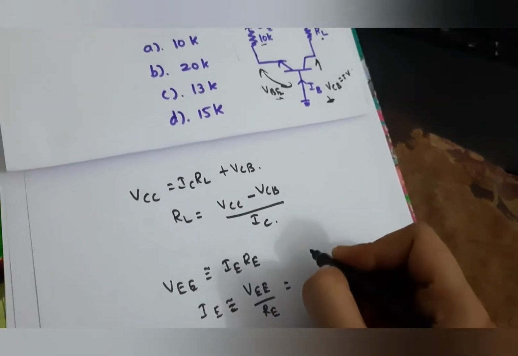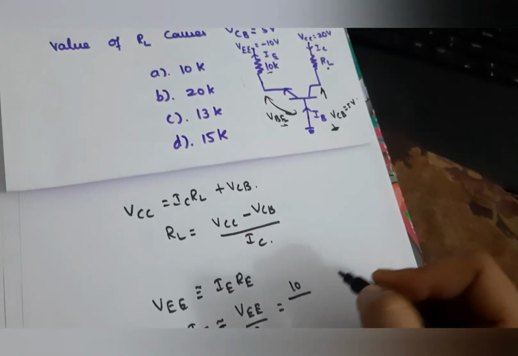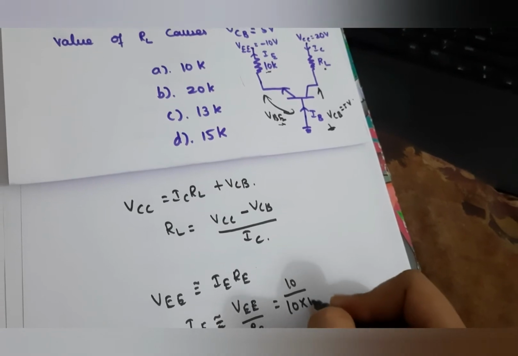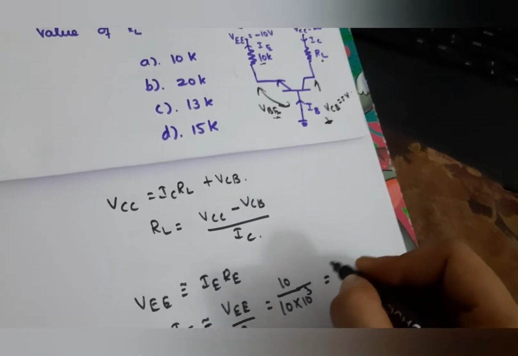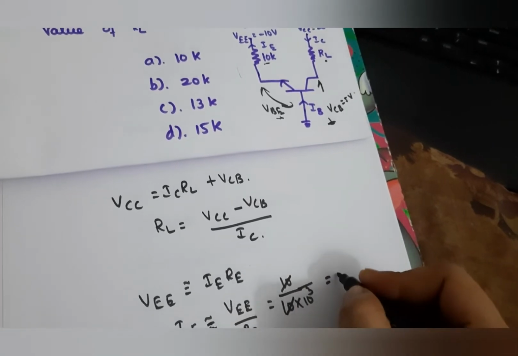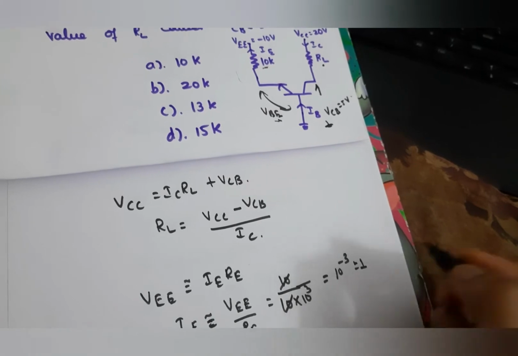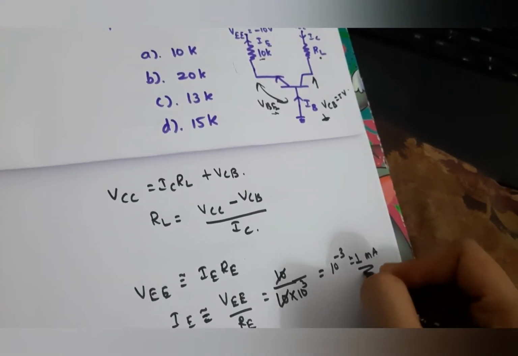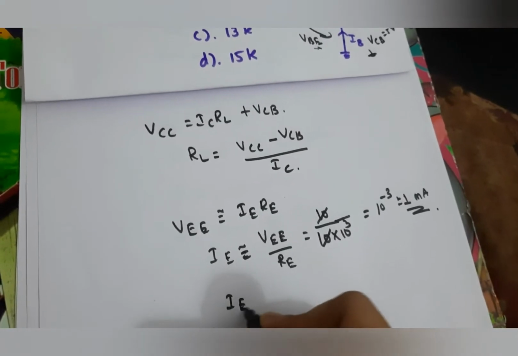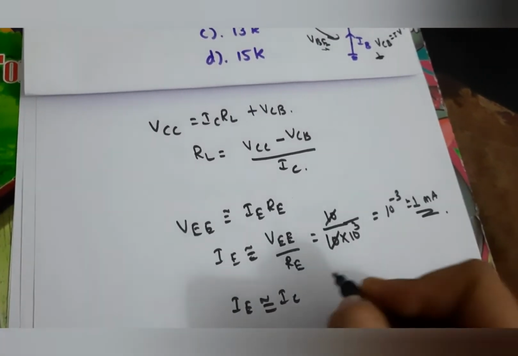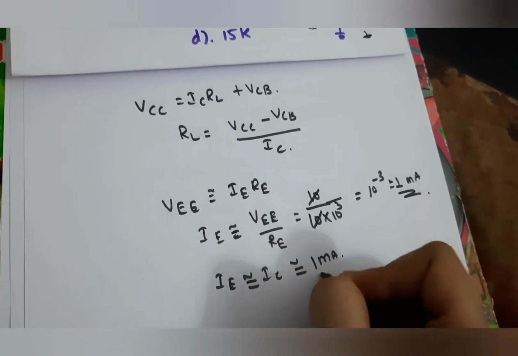Here VE is 10 volt and RE is 10K, so 10 into 10 to the power 3. So solving this, the 10 gets cancelled and we get 10 to the power minus 3, otherwise 1 milliamps. So now we get the IE value, and taking the approximation IE is approximately equal to IC, that is also approximately equal to 1 milliamps.